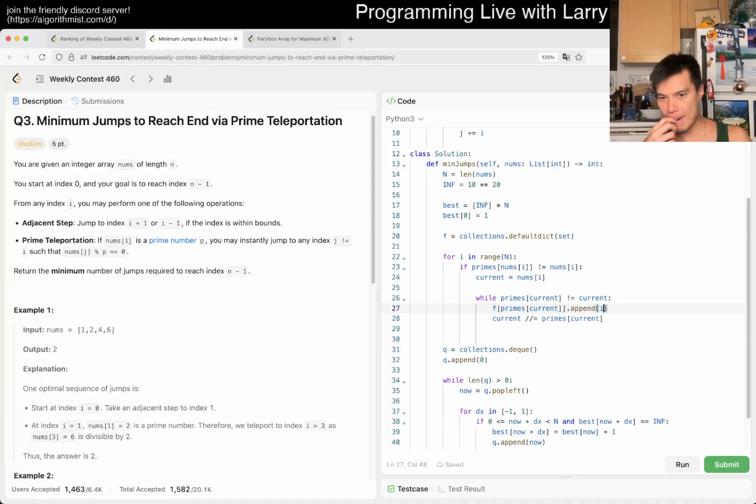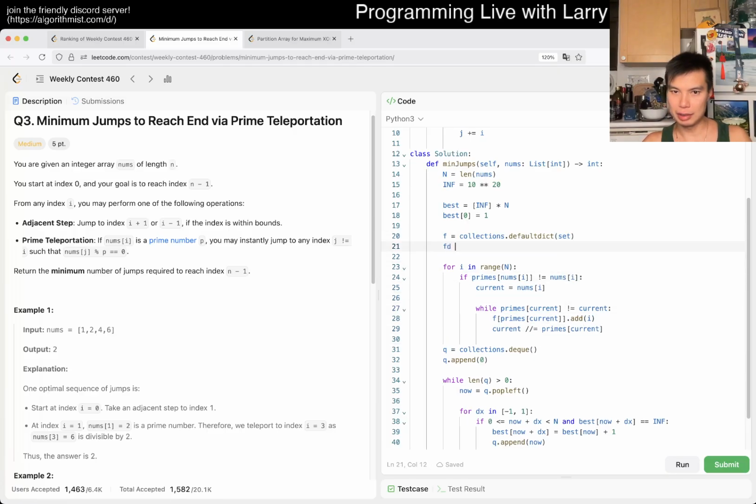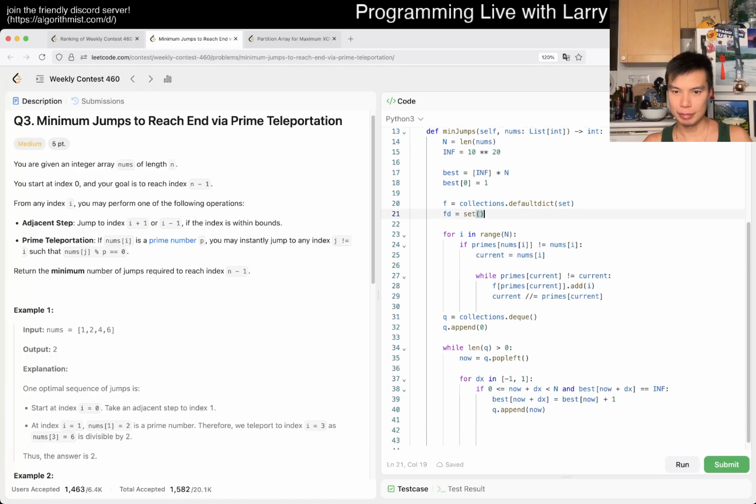Is that right? So we get the indexes, and this is an add because it's a set, and then now we want fd equal to a set. Now we take a train. Oh no, this is right.